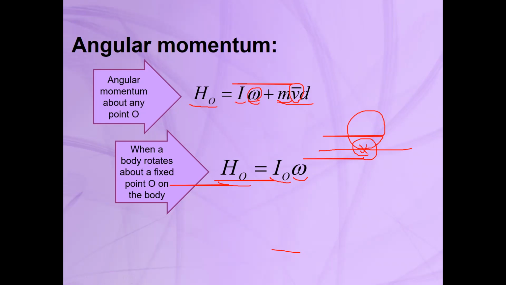So if you want to find the angular momentum for this wheel, if we call this point O, you can write that H_O is equal to the mass moment of inertia about point O times omega. So when we have a wheel which is rotating without slipping, we usually prefer to write the equation about this connection point, because this is like a fixed point of rotation.